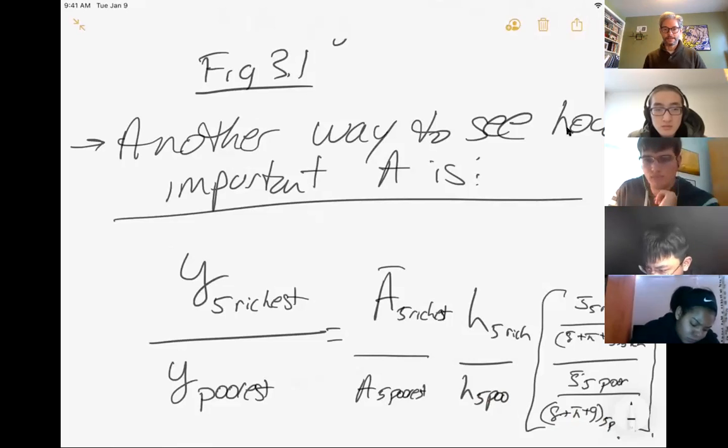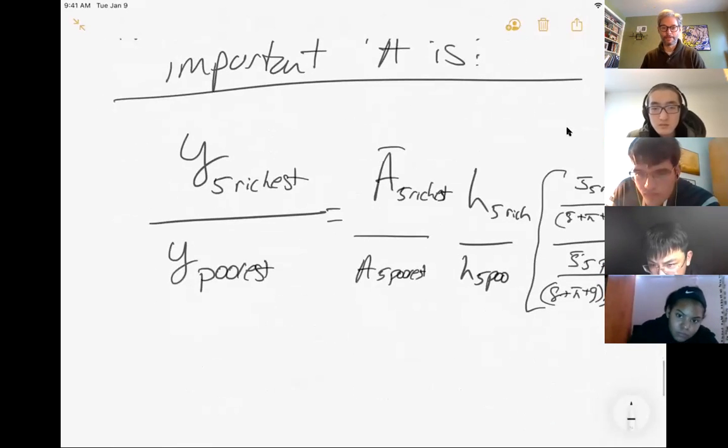Can you read that? I did a very bad job of spacing out my writing here.